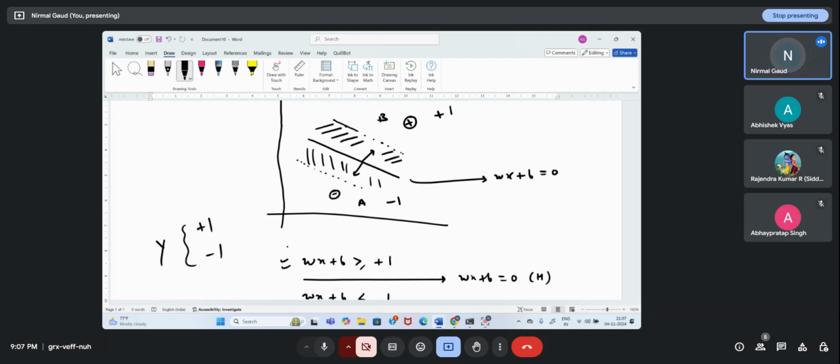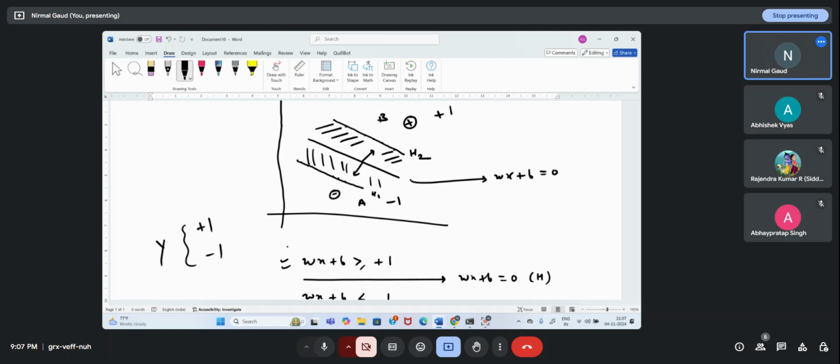You may see it represented at different places. Let us suppose this is h2 and this is h1. They are considered as class boundaries. H1 is the class boundary of the negative class, H2 is the class boundary of the positive class.